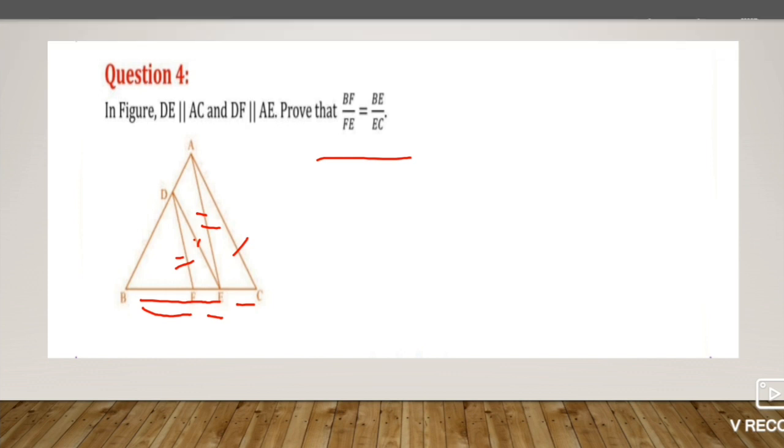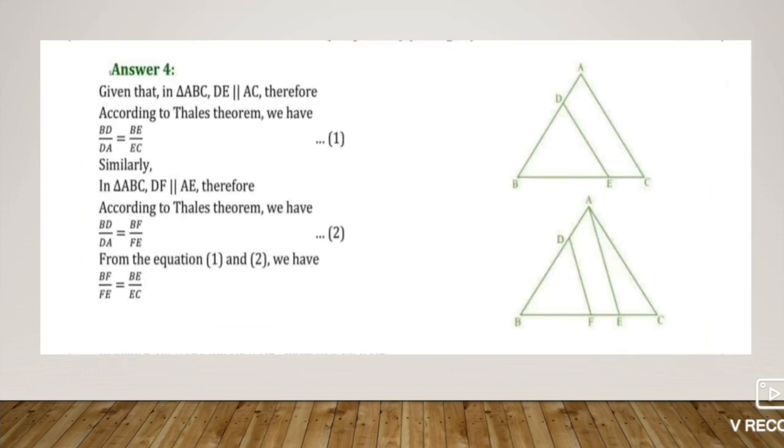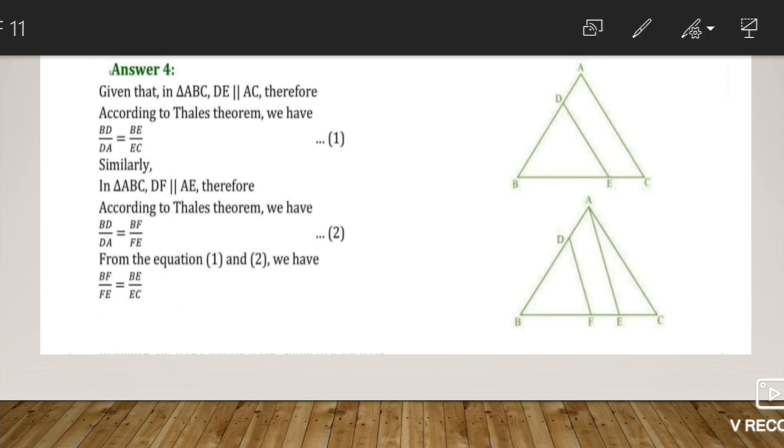So let's check the solution of this problem. Okay, here is the solution. Suppose first of all I am drawing only this line DE. I am not constructing the line AE. Now as you can see in the given condition, DE is parallel to AC.